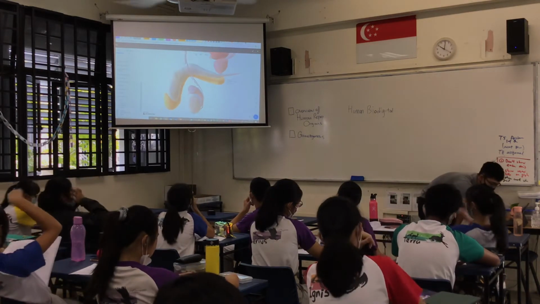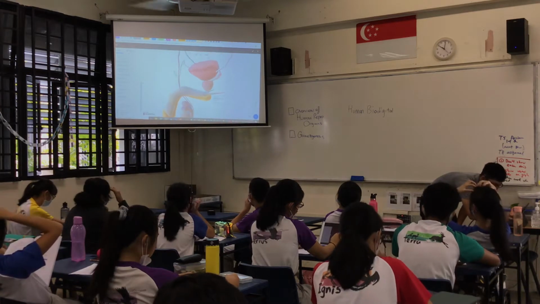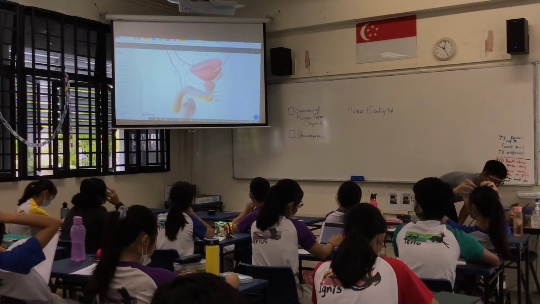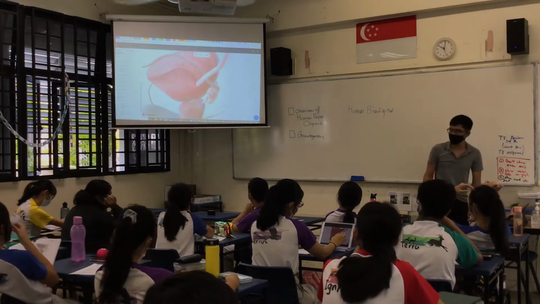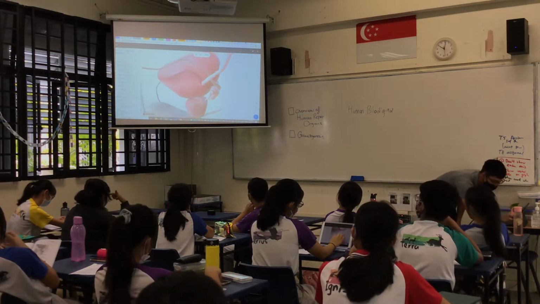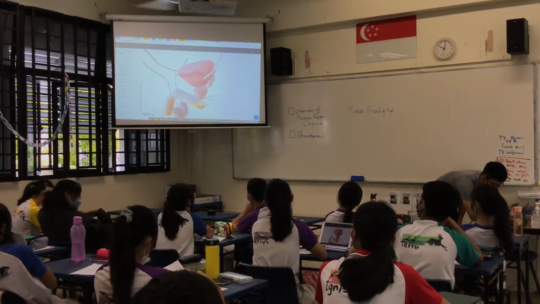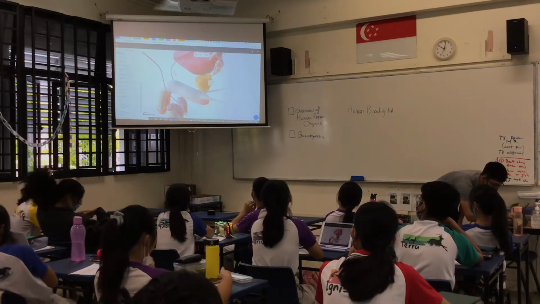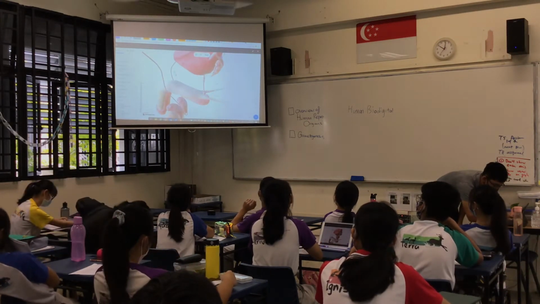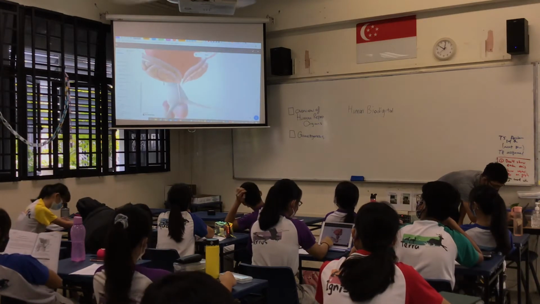I'm going to draw your attention now. Look how it loops behind the urethra, and then at the back, I'm going to remove the prostate gland, it then connects to the urethra.